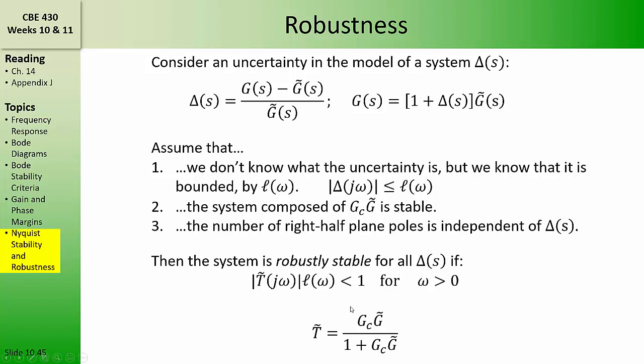The use of this formal definition for robustness will allow us to tune feedback controllers to ensure that the control loop will be stable to changes in the process or to uncertainties in our process model that are within a bound that we can establish.